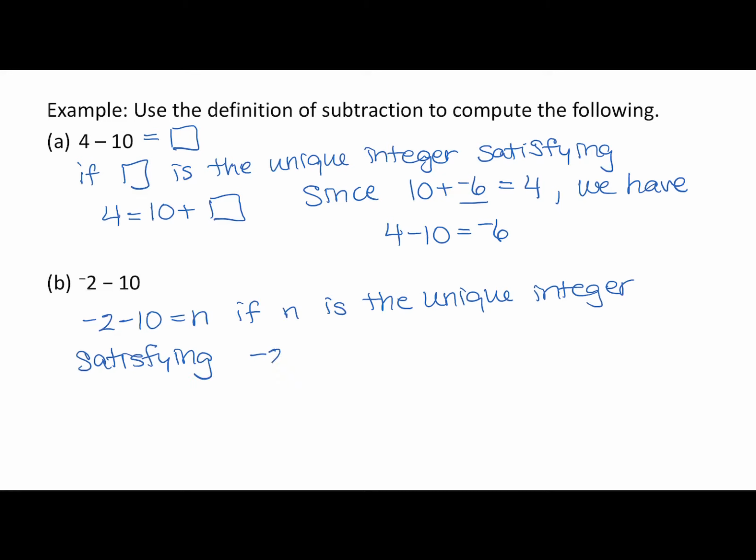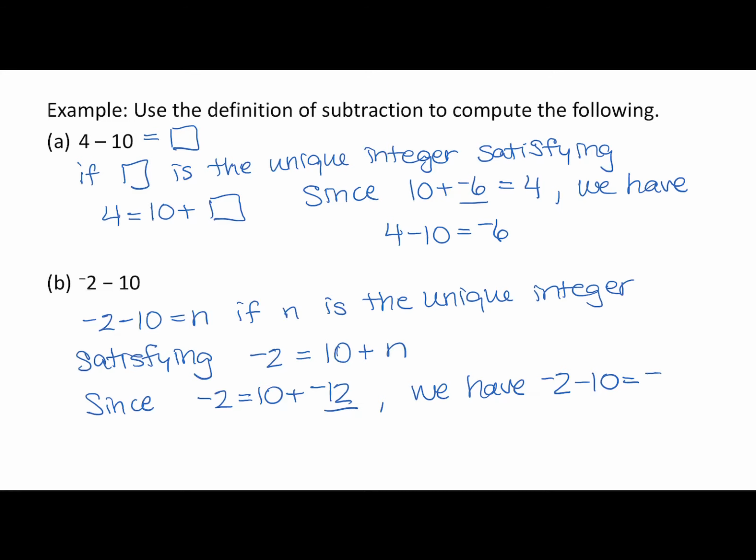So now I want negative 2 equals 10 plus n. What is the integer that I need to add to 10 to get negative 2? Well, negative 2 is 10 plus negative 12. So we have negative 2 minus 10 equals negative 12.